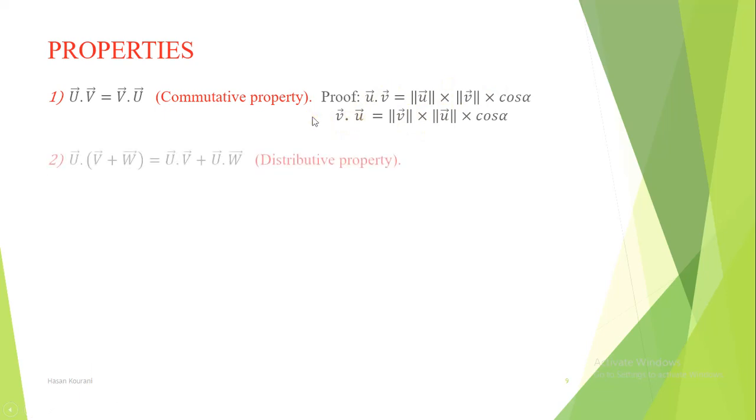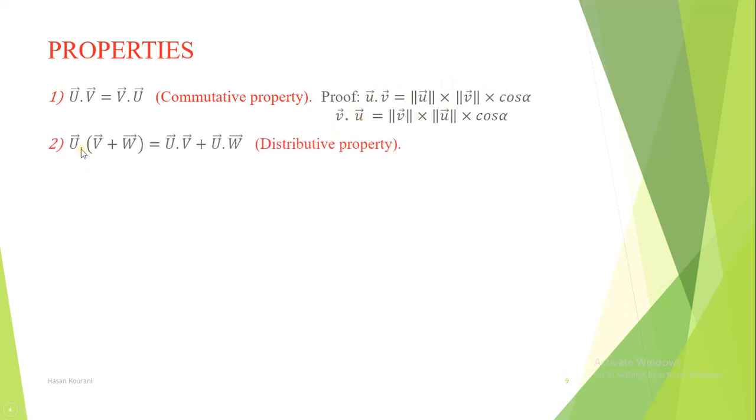In fact, let's see the second property, which is u dot (v plus w) equals u dot v plus u dot w. This, as you see, reminds us of expanding numbers, but here we are dealing with vectors and we have dot, so we put dot between them.